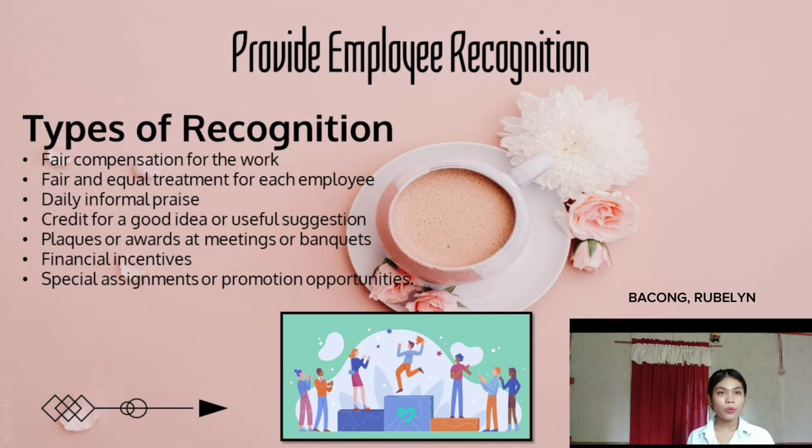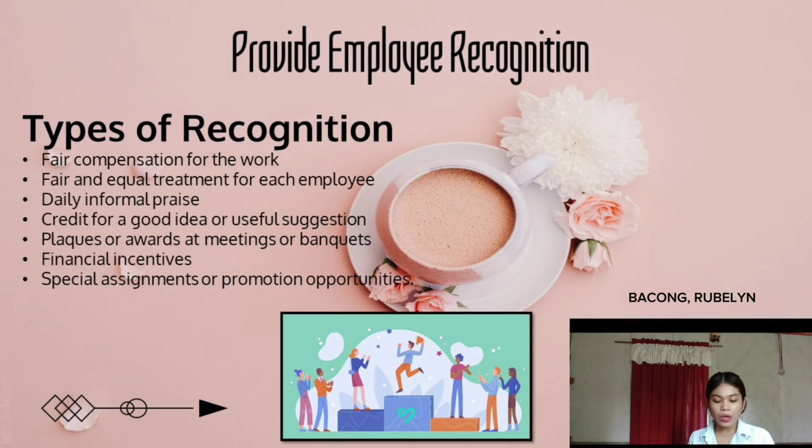So right now, we will proceed to the fourth way of maximizing employee performance, and that is to provide employee recognition. There are 7 types of employee recognition. The first one is fair compensation for the work.